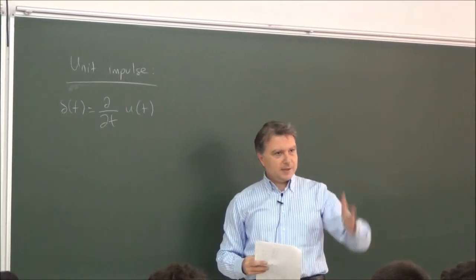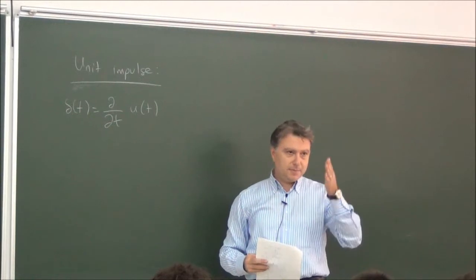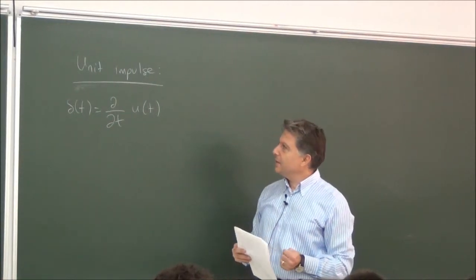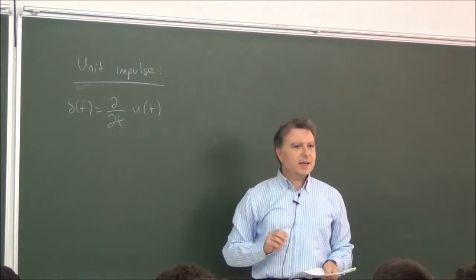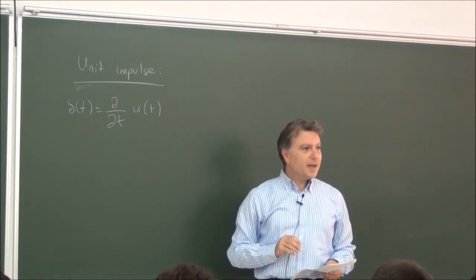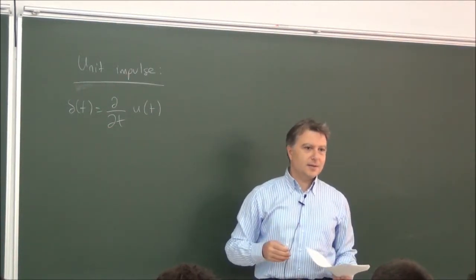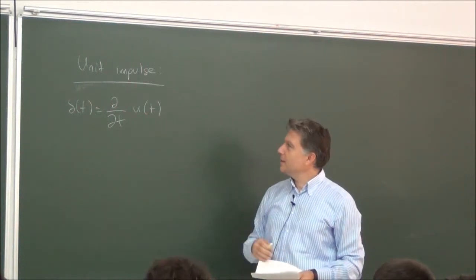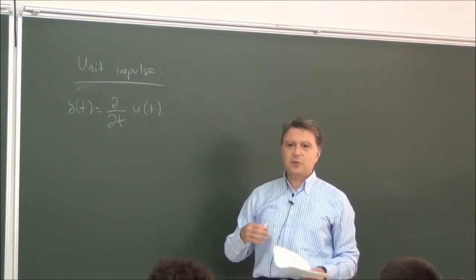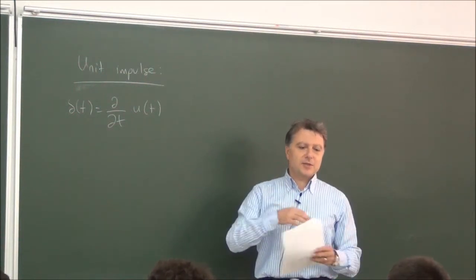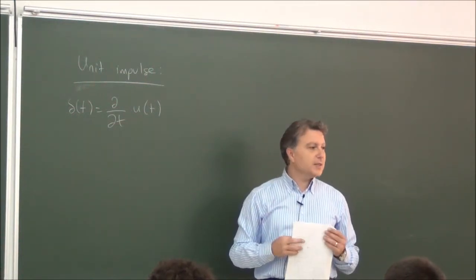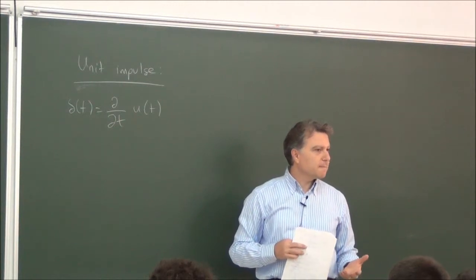It's infinitely sharp, steep. So the derivative is infinity, which is something like this. Delta t is equal to infinity at t equal to 0, and it is 0 everywhere else. But it's such a meaningless definition that we're not going to use it that way. And because of that, it's not physically possible to implement it.